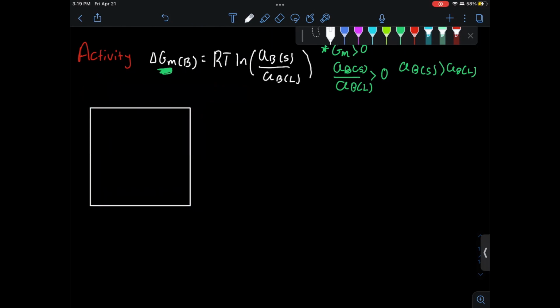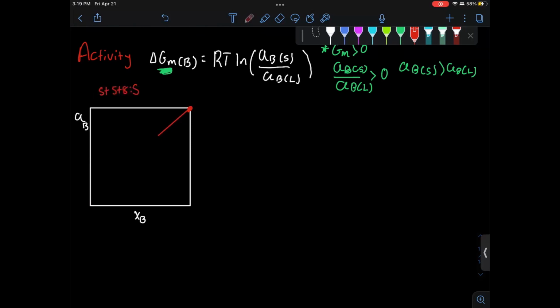Now for this first activity plot, we're saying this is activity, and this is mole fraction. We know that our B is going to start at 1 for the activity, with the standard state to be solid. When we have all of B as a solid, the activity of all of our B is going to be 1, along with when we have all B for our mole fraction. We know it's going to exhibit ideal behavior up until it reaches a certain point.